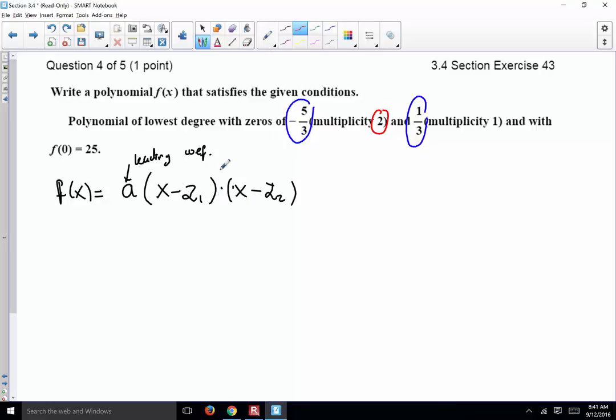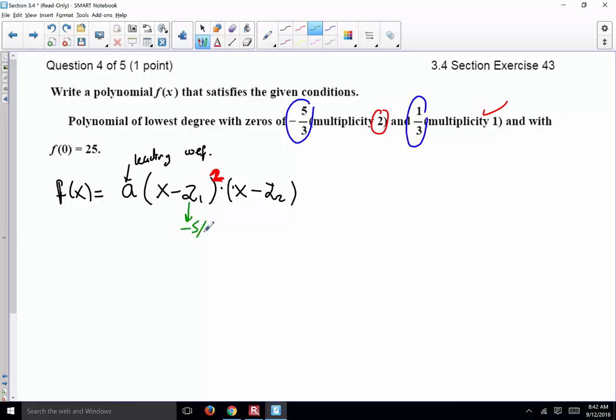If it's multiplicity 2, this means the zero shows up in the sequence twice, so I will put 2 here. This other one is multiplicity 1, so I will keep it the same. And then I will simply enter those zero values.